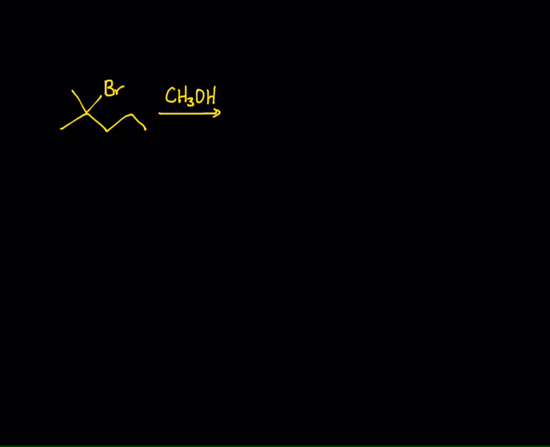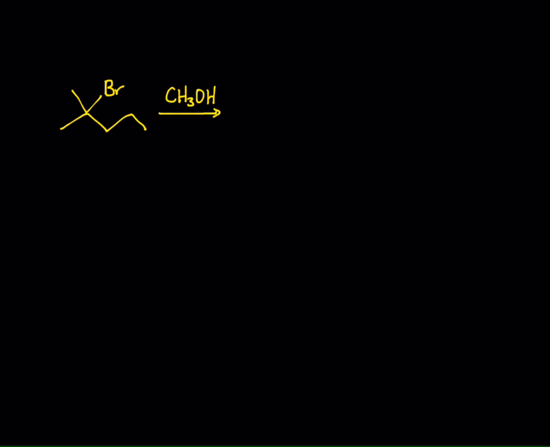Now, if SN1 substitution is going to occur, I'm also going to get E1 elimination to occur. So what can I expect? Well, oftentimes when I do problems like this, I do one and then I do the other. And then I think about, okay, what's going to be the predominant product?